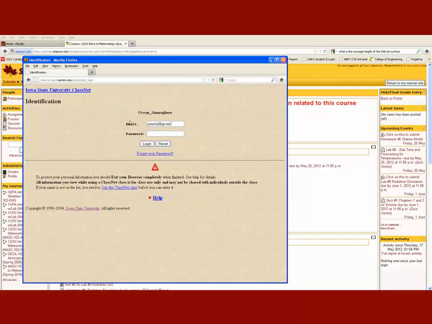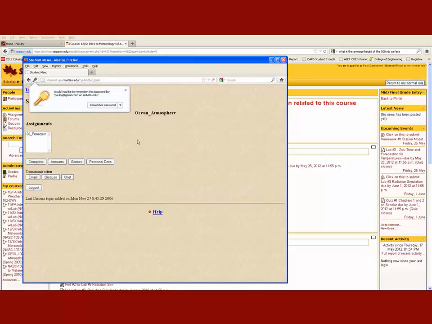Actually, I think this might be it. That is correct. So one of the things that you'll need to do, and this is the only time we use ClassNet, is to make a forecast. The only assignment there is the 00 forecast. I will go ahead and click on Complete.